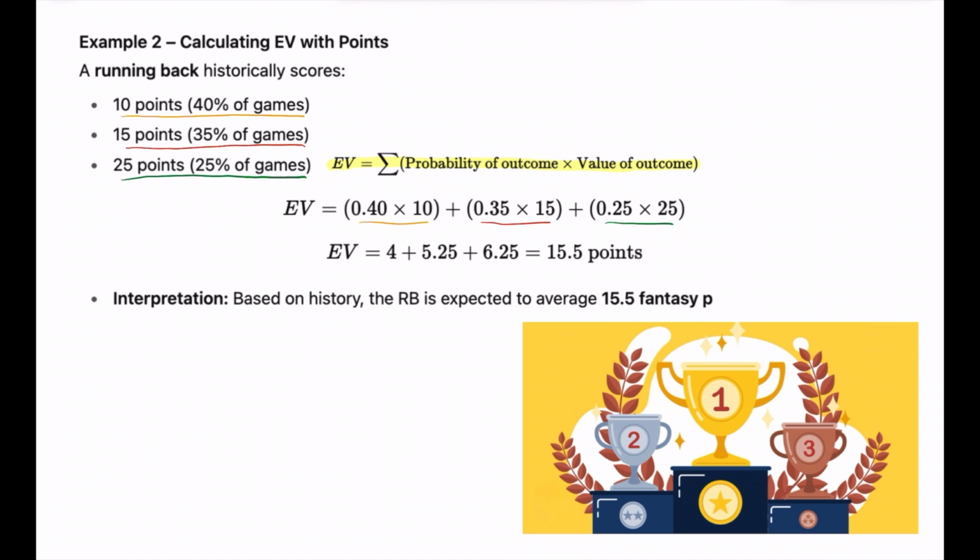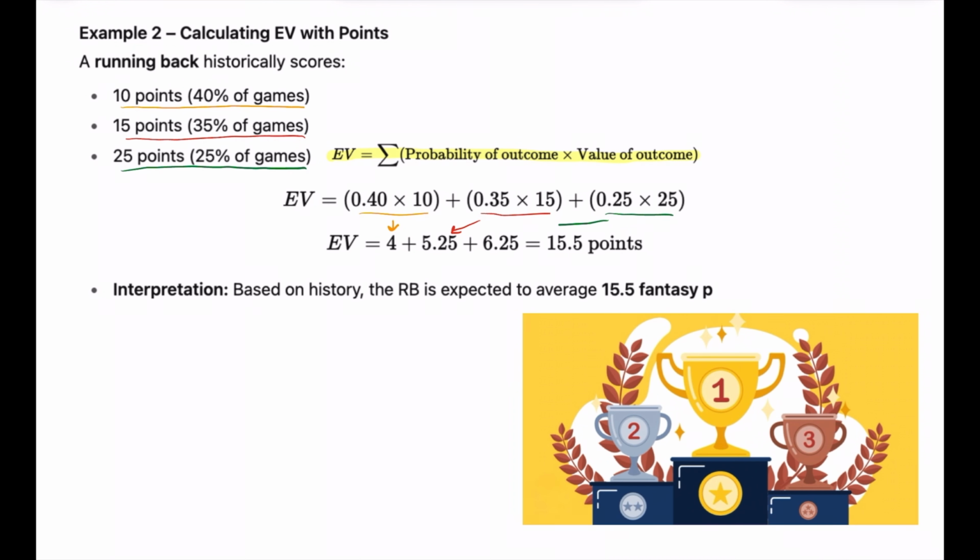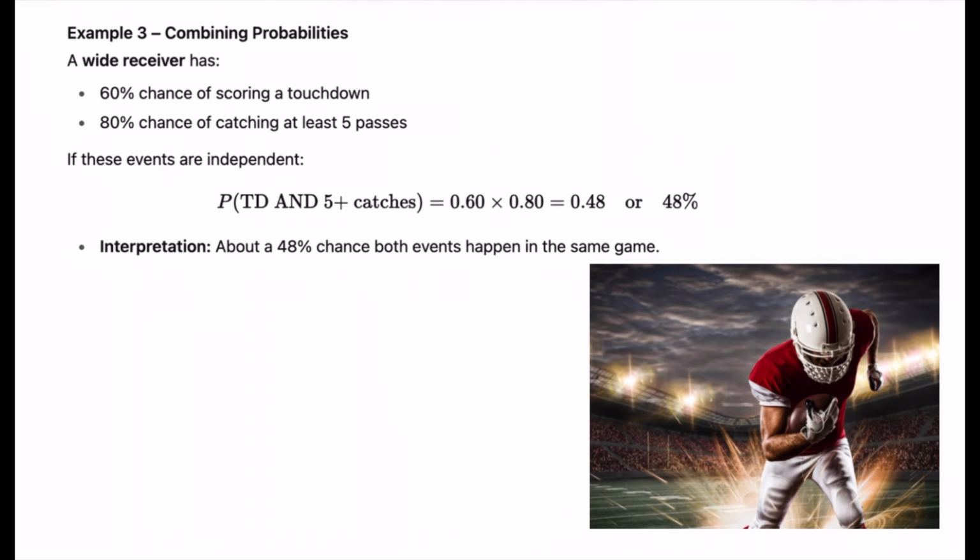And then 25 points, 25% of the games would be 0.25 times 25. We know that 0.4 times 10 gives us 4. 0.35 times 15 gives us 5.25, and 0.25 times 25 gives us 6.25. So our interpretation here would be based on history. The running back is expected to average 15.5 points. That wraps up our second example.